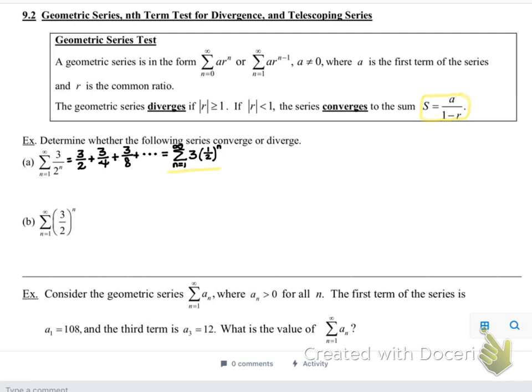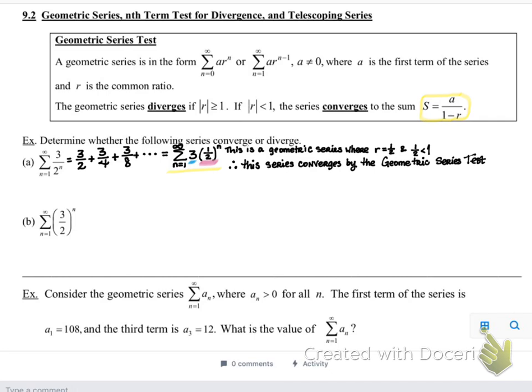This general term helps me identify exactly what R is, and R is the part that is actually taken to the exponent, and it helps me identify what the initial term is. And once you've rewritten it like this, it becomes easy to pop it into the formula.